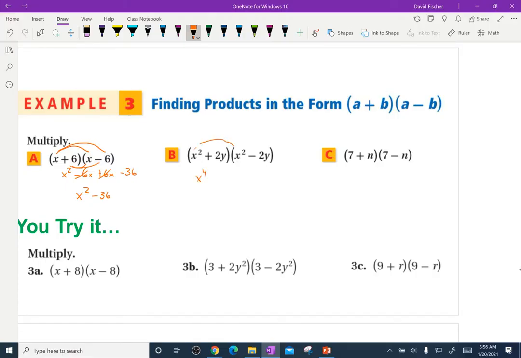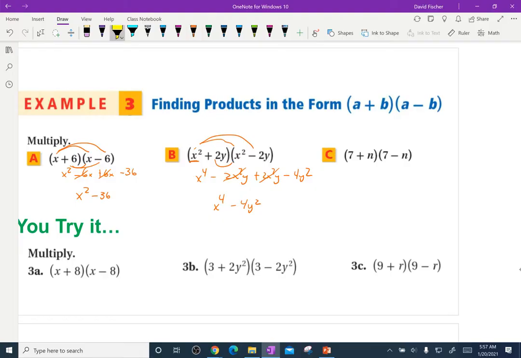We got x to the 4th. Again, our middle terms cancel out, but look now if we can make a rule for what we're doing here to get these two terms. So we're squaring the first one.